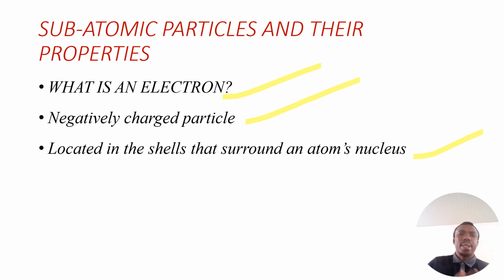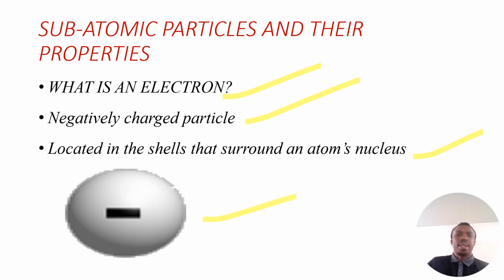Yes, it's negatively charged and is located in the shells that surround an atom's nucleus. So please, I want us to take note of that. It's one of the fundamental particles of an atom.